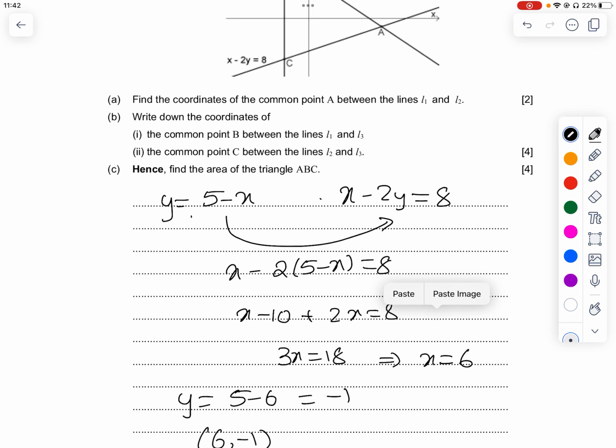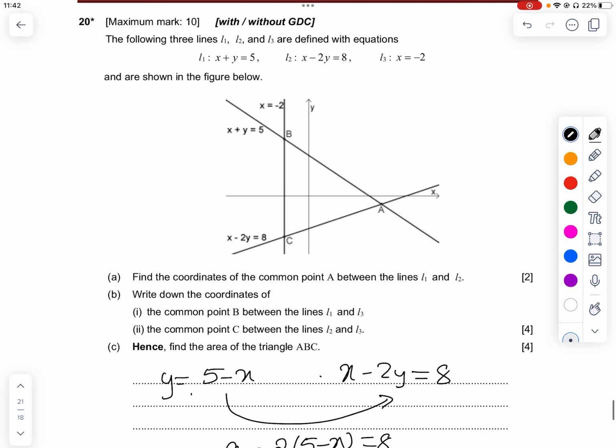The common point B on L1 and L3. L1 and L3. Plug in x equals negative 2 over here. Negative 2, negative 2y equals 8, so negative 2y equals 10, y equals negative 5.